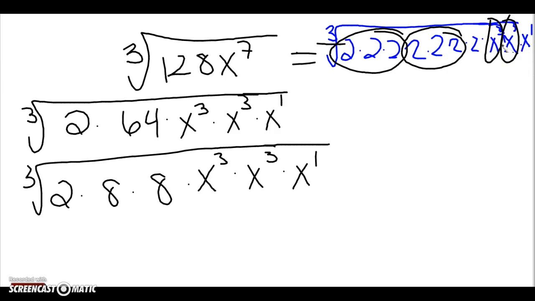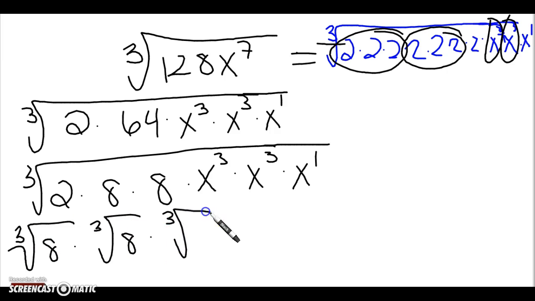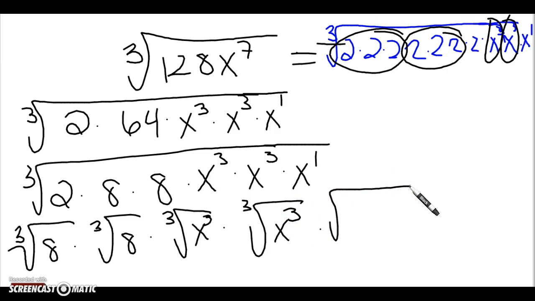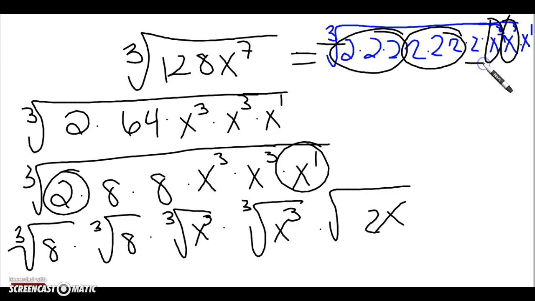Okay, so with that same idea in mind, if I come over here, I have the cube root of 8 times the cube root of 8 times the cube root of x to the 3rd times the cube root of x to the 3rd times the cube root of everything that's left is 2x, and that's the same thing left here, 2x.